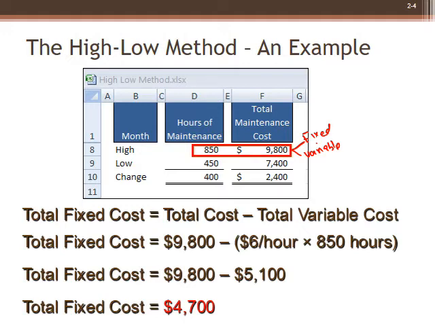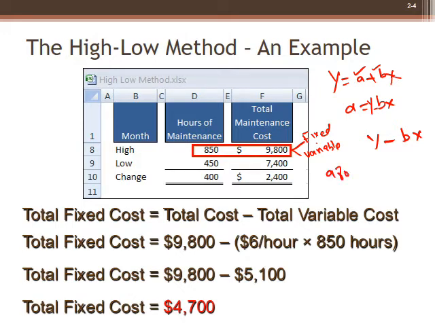We know that our equation is y is equal to a plus bx. Y is the total cost, a is the fixed cost, b is the variable cost per unit, and x is the number of activity. If you want to find a, then a is equal to y minus bx. So in that case, just put the values.